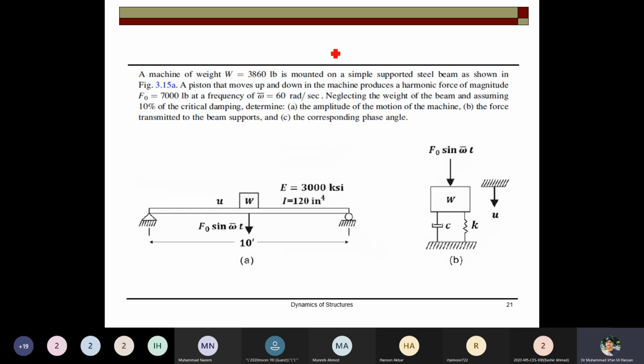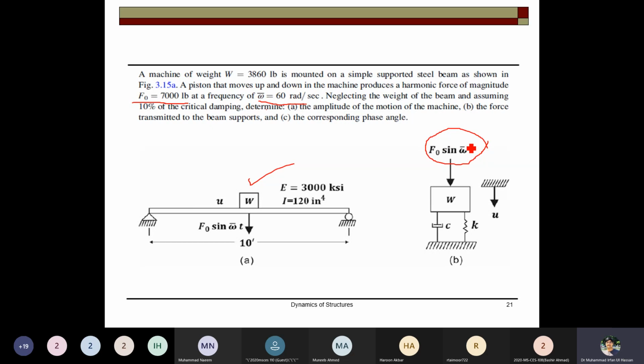This problem है कि machine is placed on the beam. A piston that moves up and down in the machine produces a harmonic force of magnitude. This force is produced by this machine. Any machine is produced on the beam. The frequency of this force is 60.